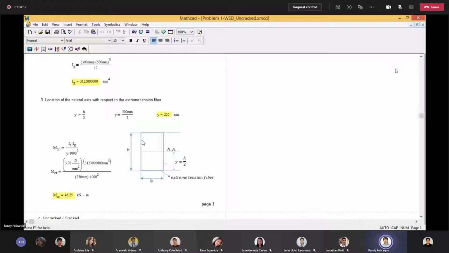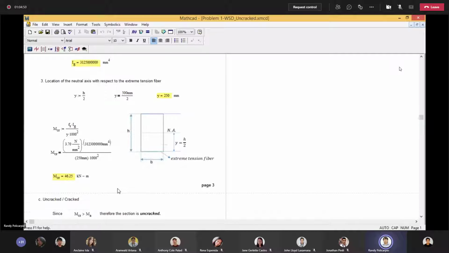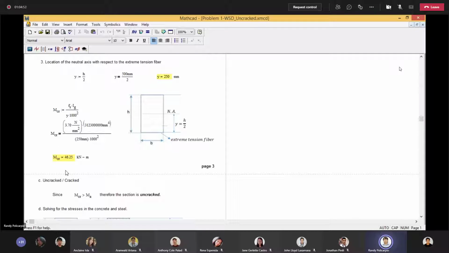Since you are considering only the concrete part of our section, therefore the neutral axis is located at the mid depth of our section, and that is when we consider the distance y from the extreme tension fiber up to the neutral axis is equal to h over 2. And then isolating Mcr and substituting now the known values, our Mcr is 46.25 kilonewton meter.